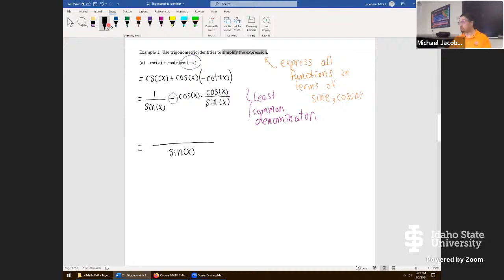We'll have some problems where we do have to find a least common denominator to get to this step, but that's a freebie, so we'll take it. The numerator will be 1 minus cosine times cosine, so we'll throw in a cosine squared x. Now, it's still not done. There's actually a good amount to do at this stage. But any questions to get to that point?